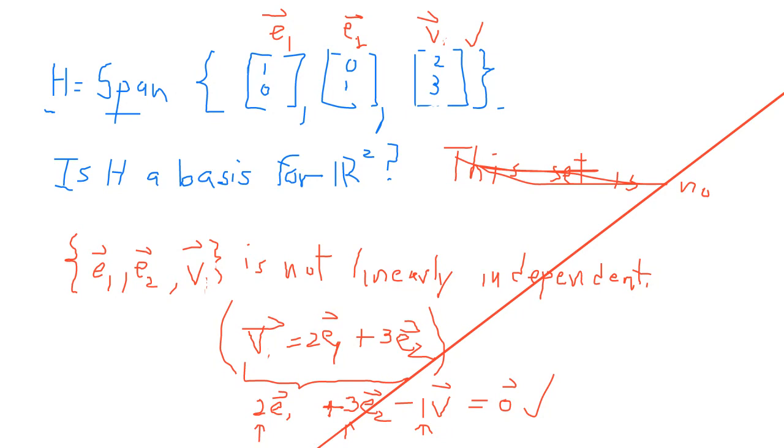I mean, for a basis for R2, E1 and E2 are good. Good, Benjamin. But now you threw in this extra vector that you didn't need. You don't need that vector 2, 3. You don't need it, right? It doesn't add any information to the geometry of the space.